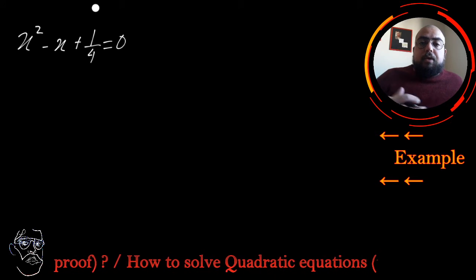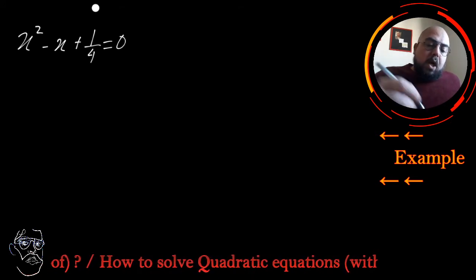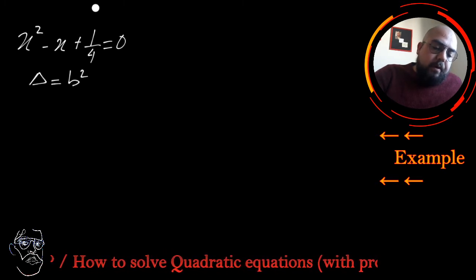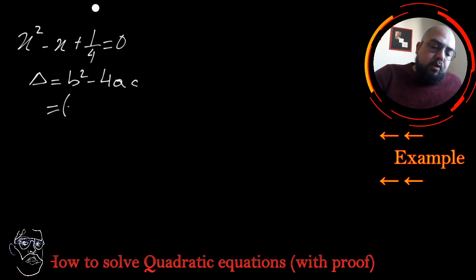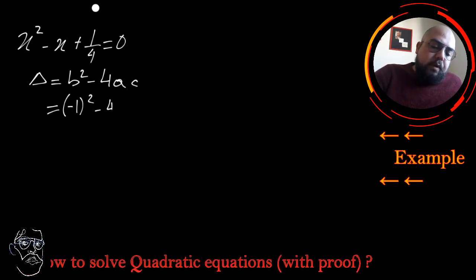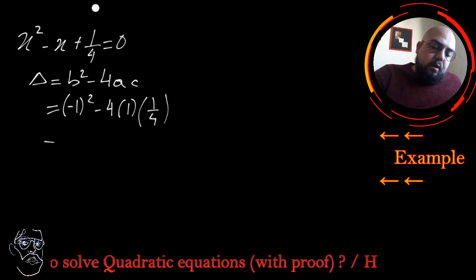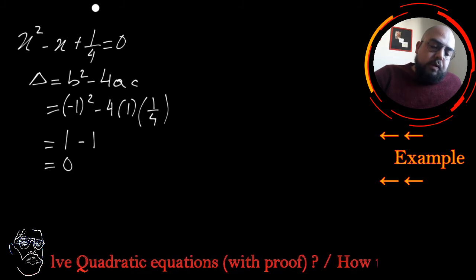It's not incomplete, so we can't factorize it easily. I will have to calculate delta, which is b² − 4ac. b is −1, so (−1)² minus 4 times a, which is 1, times c, which is 1/4. So you have 1 − 1, which is equal to 0.